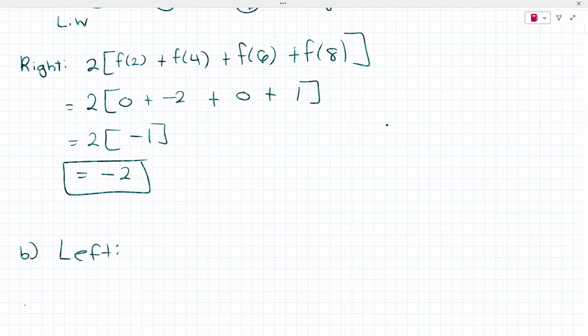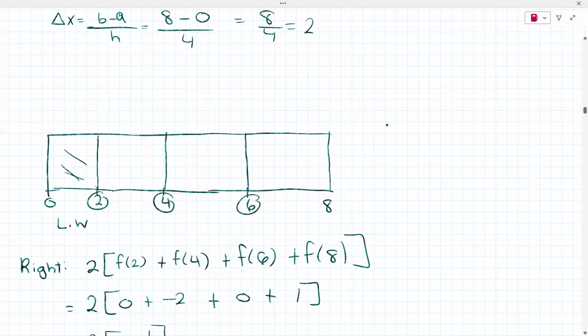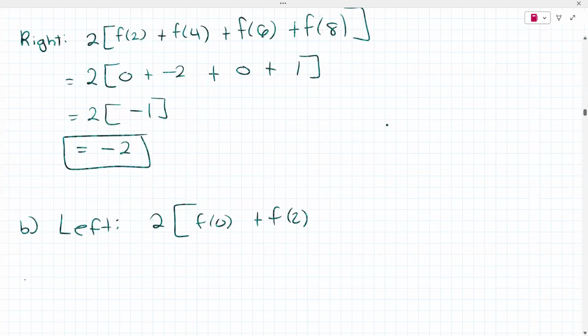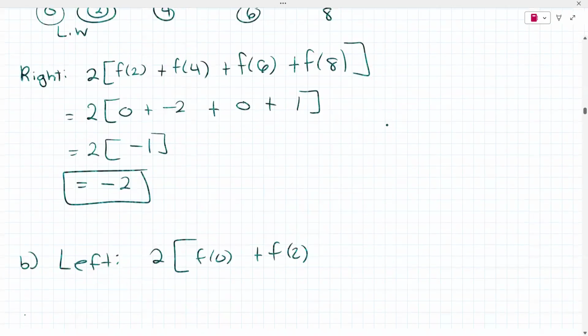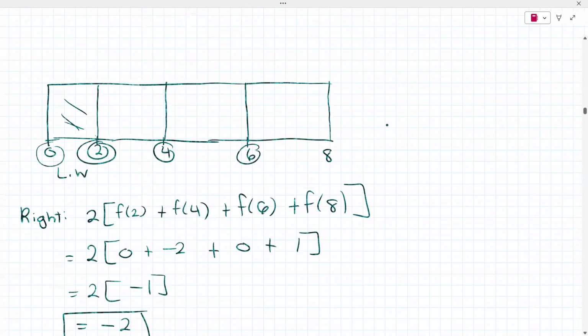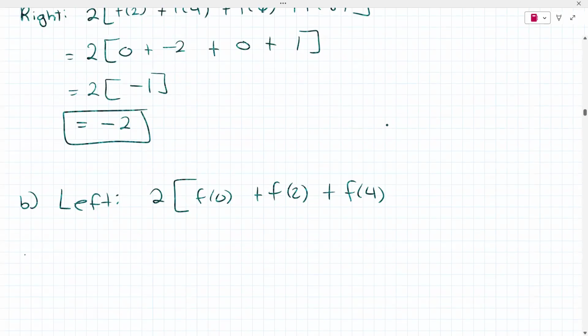So the length is still 2. The height will be different. So now we're going on the left. So this time we're going to find f of 0 plus f of 2, plus f of 4, plus f of 6.